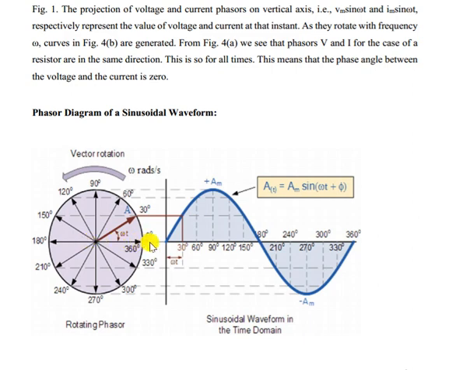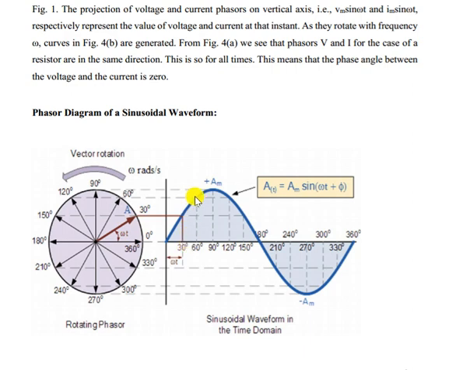With respect to 0, if at this point you have to find the voltage or current value, this is at 30 degrees. If you draw this line, it gives an angle with the 0 axis of 30 degrees, and if you draw the perpendicular line here, this gives the value of A at this point.